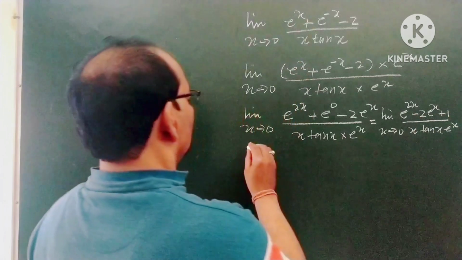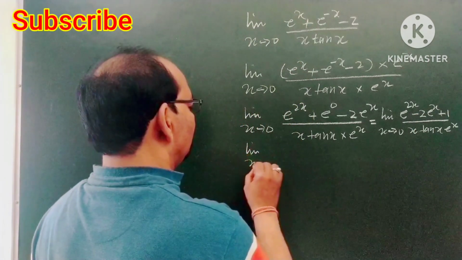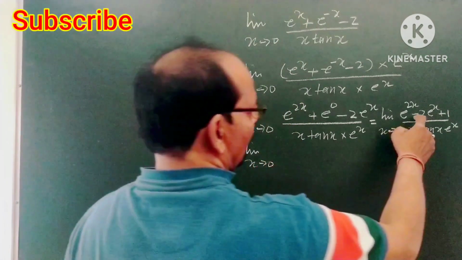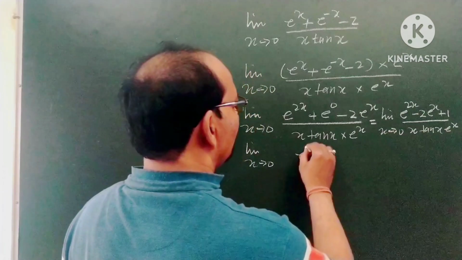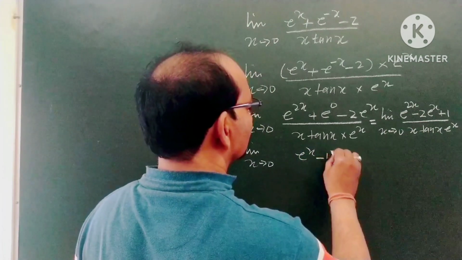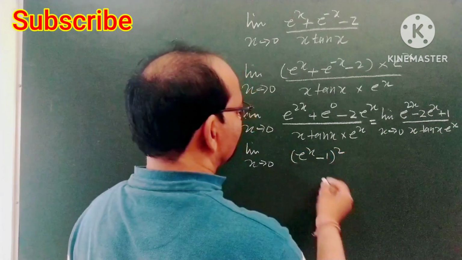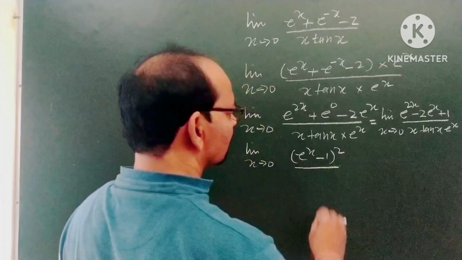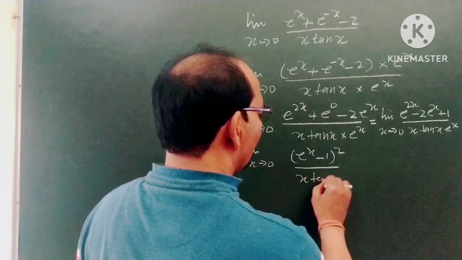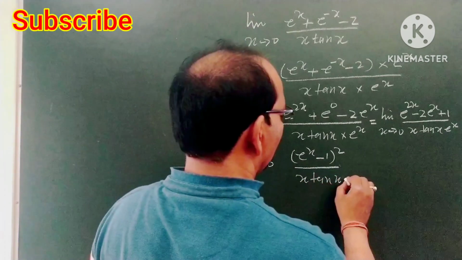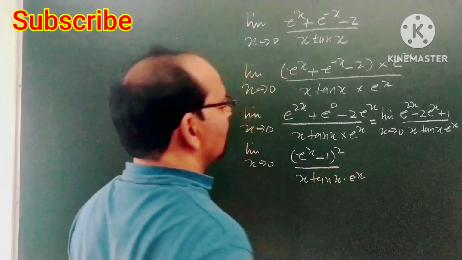This will be (e^x - 1)² by x tan x into e^x.